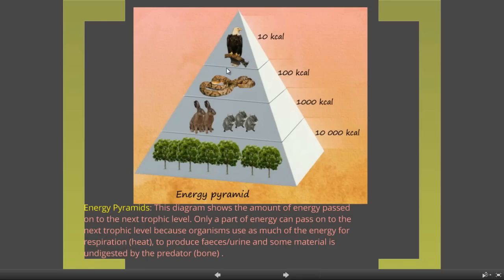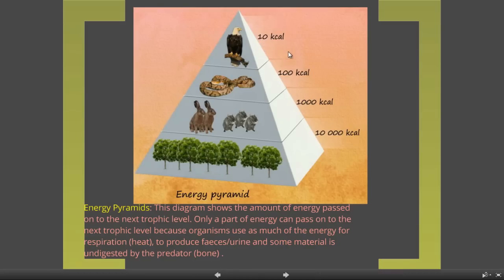Some of it is lost as feces and urine, and some of the material is left undigested by the predator. So for instance, the eagle wouldn't digest the bones of the snake, and therefore this doesn't show 100% exchange. And usually you can expect the exchange between each trophic level to be at roughly 10%.